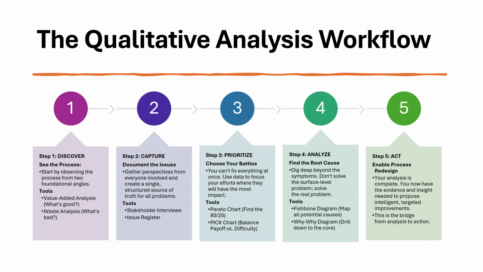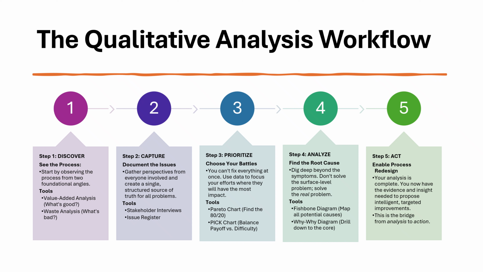Capture. You gather all the facts using stakeholder interviews and document them formally in the issue register. Prioritize. You decide which issues are worth your time using the Pareto chart for financial impact and the PICK chart for the feasibility. Fourth, analyze. You find the truth using the fishbone diagram for categorization and the Why-Why diagram for tracing the causal chain.